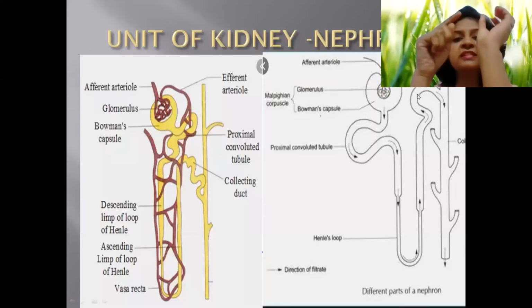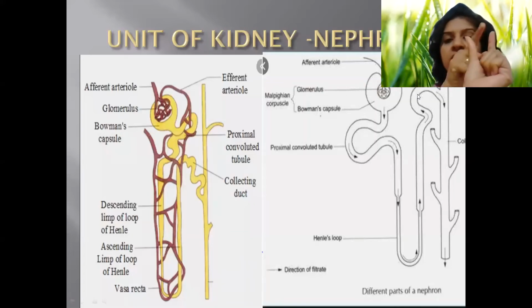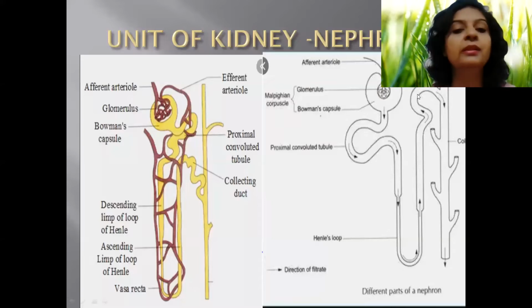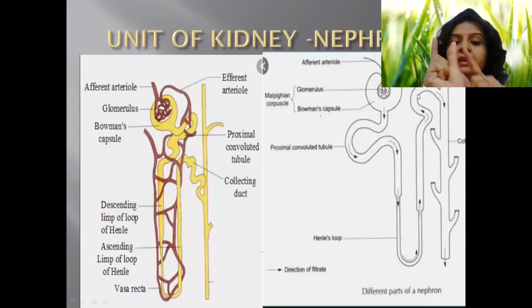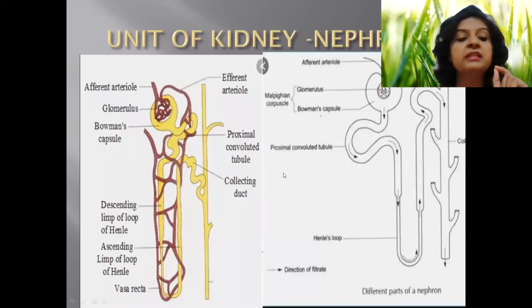Now this tubule leads to a U-shaped structure. This U-shaped structure is known as the loop of Henle, since Henle was a scientist who described it. Now, in the loop of Henle, the part you can see going down is named the descending limb of the loop of Henle.